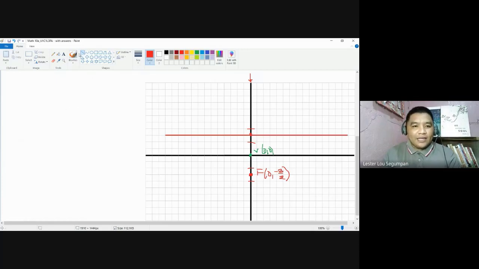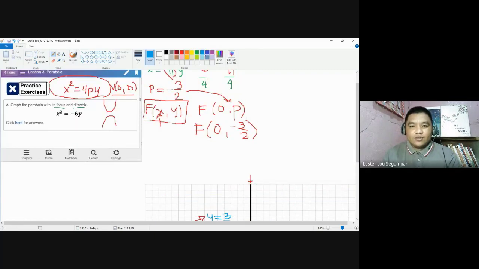And this line here has an equation. If it's a horizontal line, its equation is y equal to the value where this line intersects the y-axis, and that's actually 3 halves. The directrix is given by y equal to negative p.